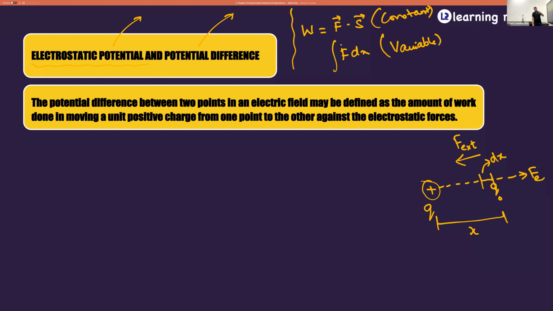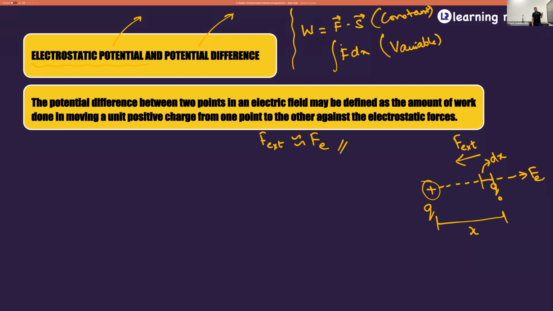In this case, if the external force has to exceed the electrostatic force and start moving the object in this direction, the external force is supposed to be slightly greater than Fe, such that F external can be approximated to Fe itself.